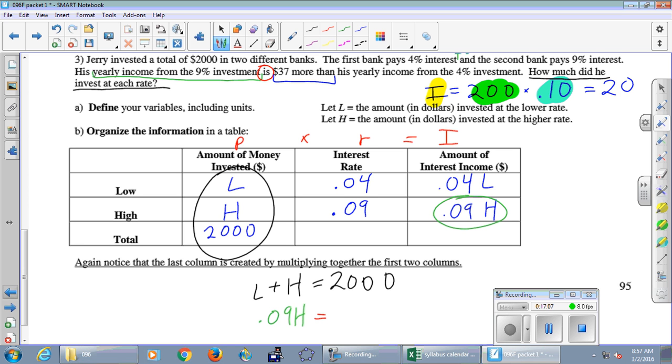There is a plus, 37 plus, right? 37 more than something. The income from the 4% investment that is in the table, what is it? 0.04L, that's that guy. So there's the equation.